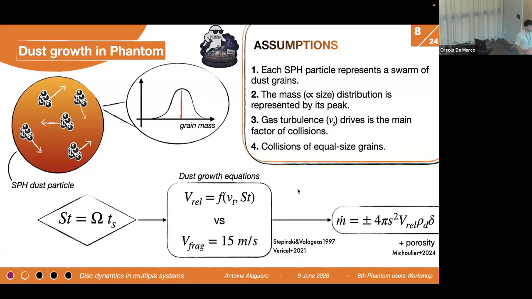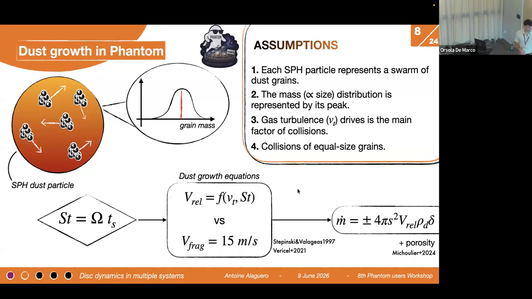Once we know that, we will compare that relative velocity to a fragmentation threshold, which basically depends on the grain properties. It's kind of arbitrary as well. But basically, if your relative velocity is above the fragmentation threshold, the collisions are destructive and your grains fragment.